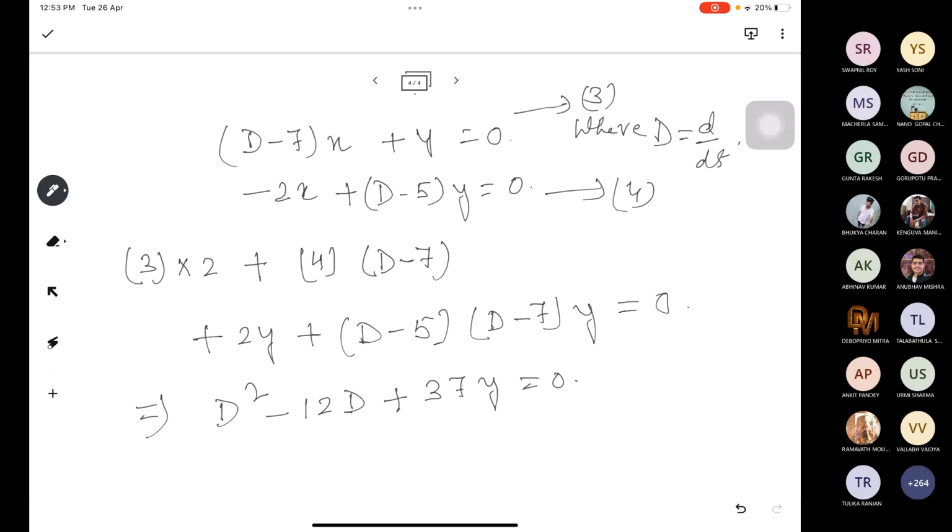Now you can find the solution of this equation. This is your equation 5. So what will be the solution of this equation? The auxiliary equation is m squared minus 12m plus 37 equals 0.